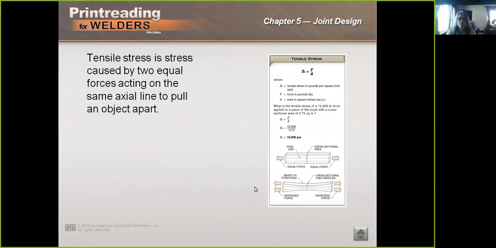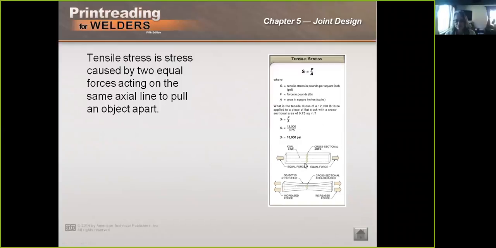Let's talk a little bit more about tensile stress. Now, stress, as I said, is a normalized way of talking about the force applied to a member. So stress is the force divided by the area over which that force is applied.